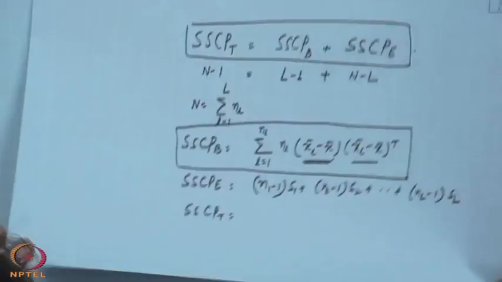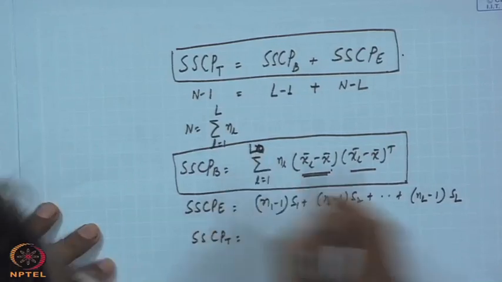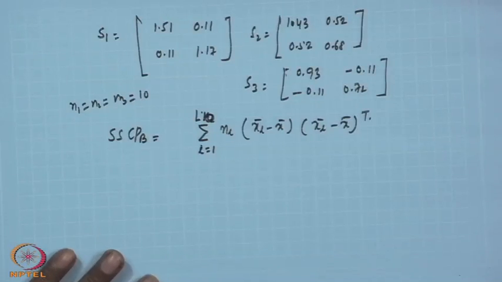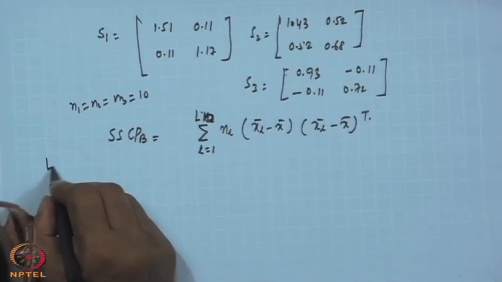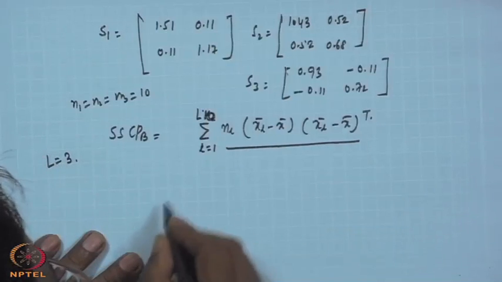I think we have made a mistake: it is l equal to 1 to L, capital L. So, our capital L equals 3, and you will be getting 3 sets of values here.